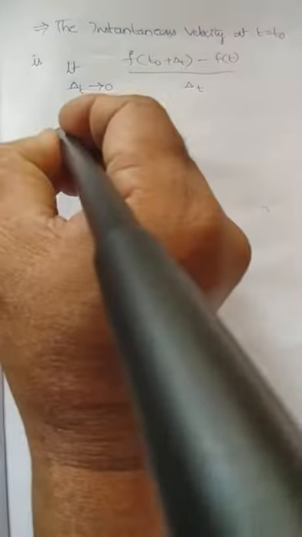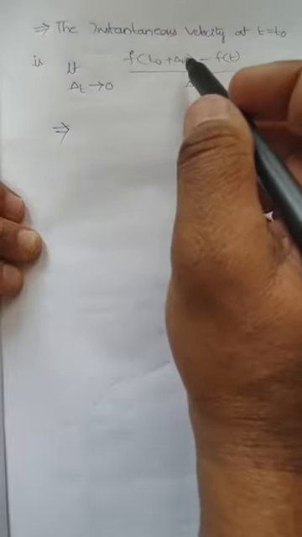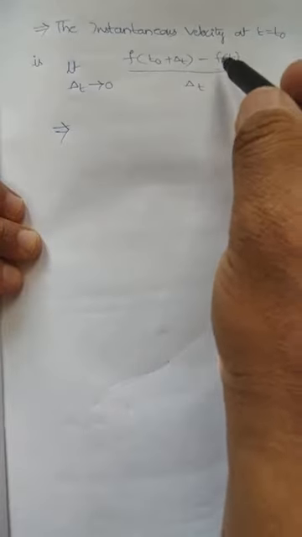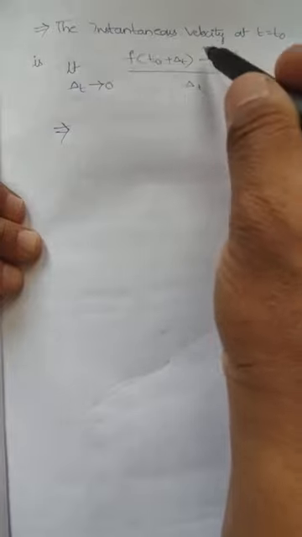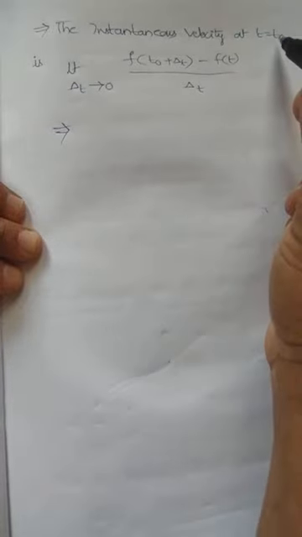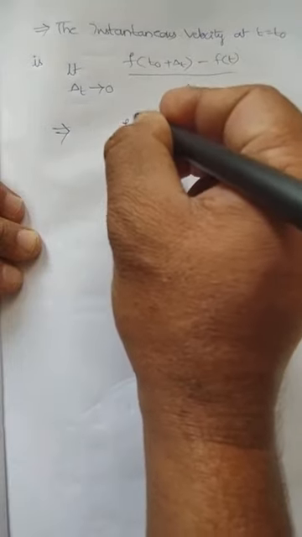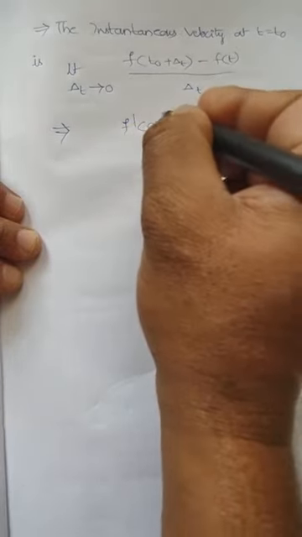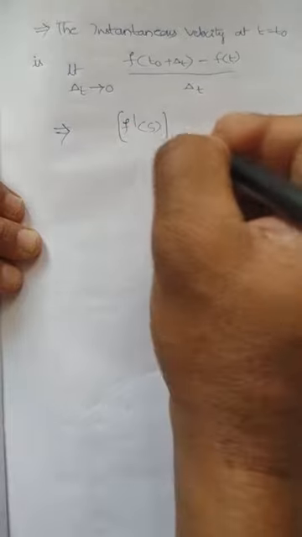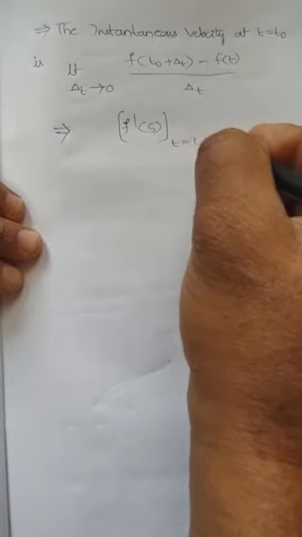It is none other than the differentiation of the function at t naught, that is f dash of s at t equal to t naught.